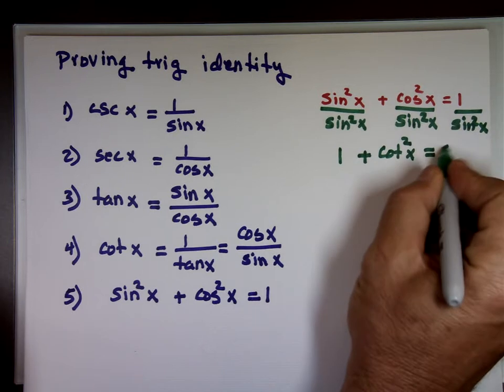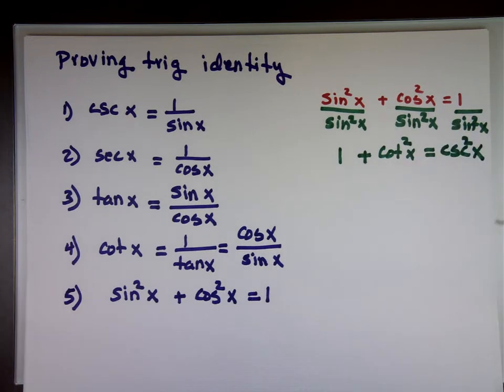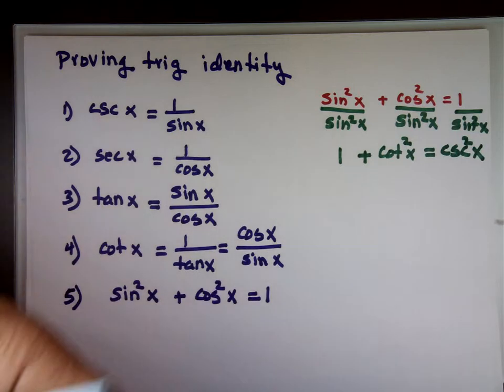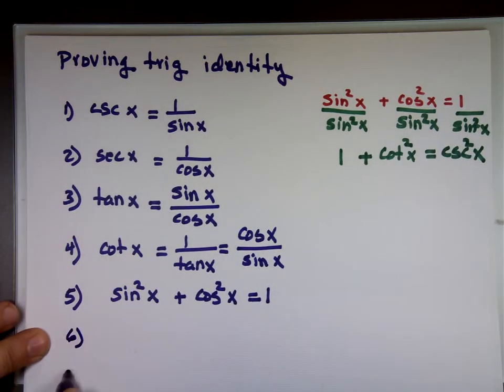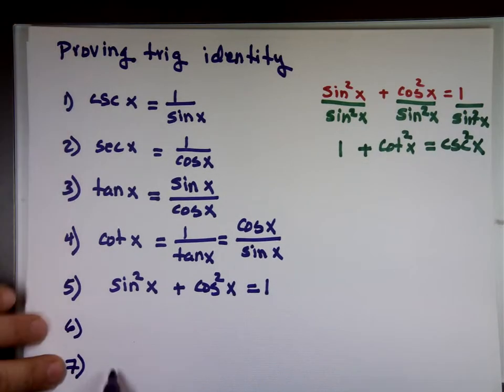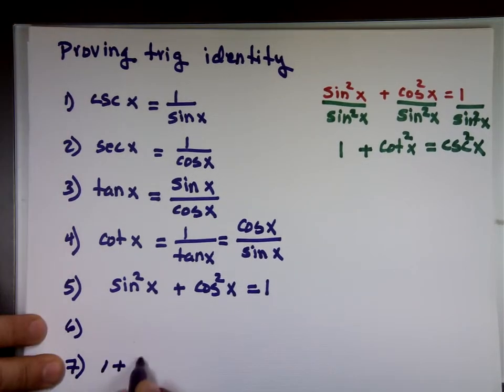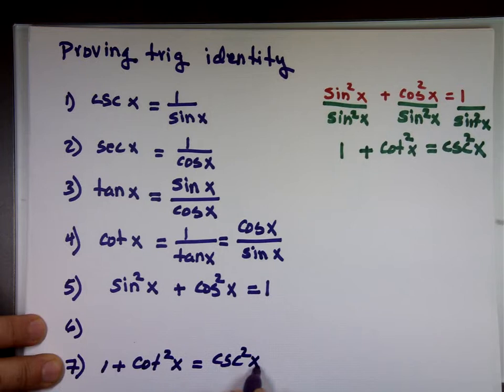Cosecant squared x. Is that one of the ones on the board? Yeah. It's number 7, right? Yep. Let me add that to the list now. I'll leave a space for 6. Try to match the number with the board. That's 1 plus cotangent squared x equals cosecant squared x.